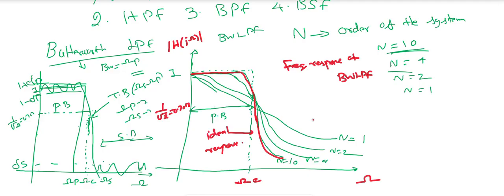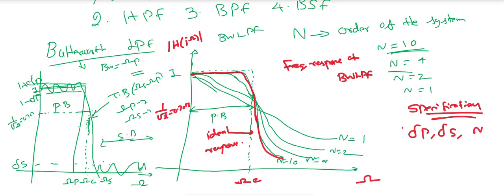So this is a pass band, this is a stop band, and this is a transition band. So these are the specifications of the analog filters. What are the given specifications of the filters? The δp, δs, and what is the order of the filter?